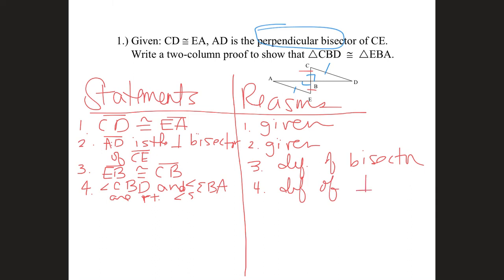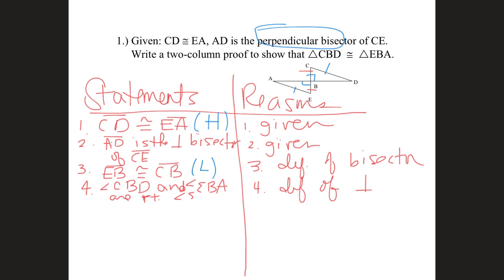Okay, so I forgot to mark these things back here, but when we did CD was congruent to EA, that is our hypotenuses. And when we said that EB was congruent to CB, that is our legs. What we still don't have in order to use the HL shortcut is that we need to state that we do have right triangles.